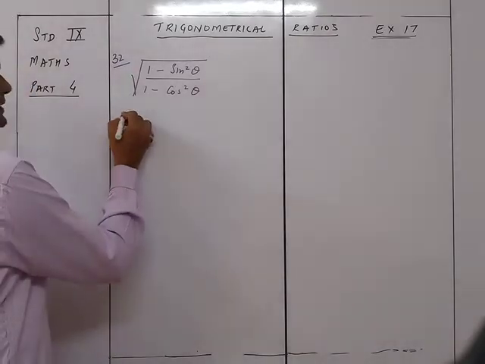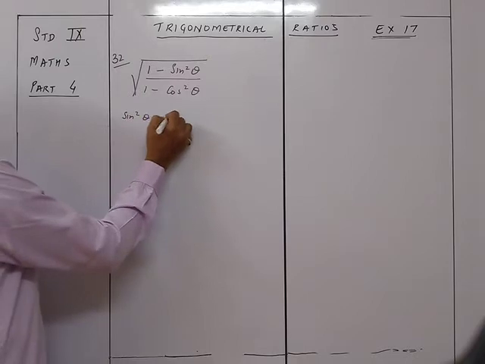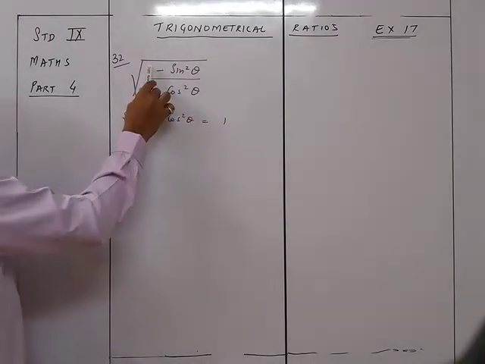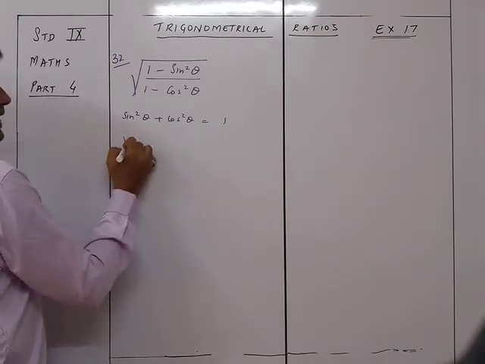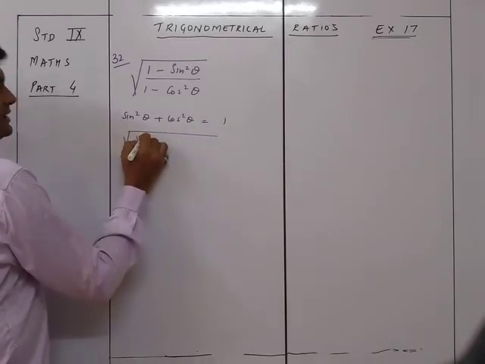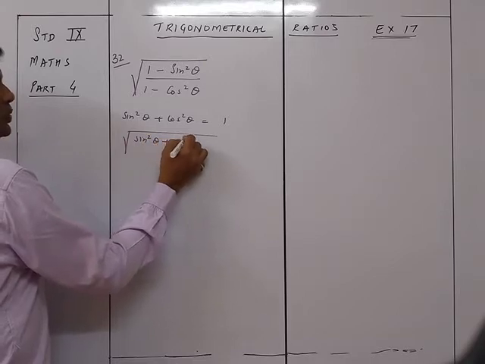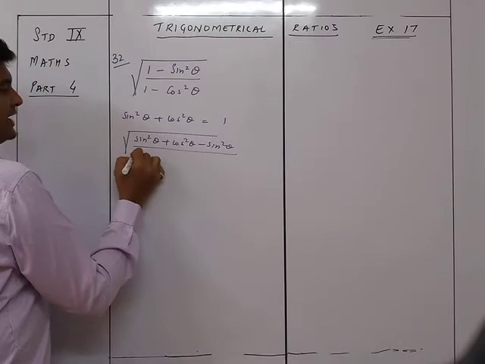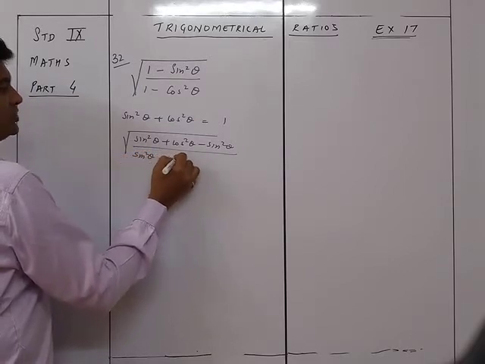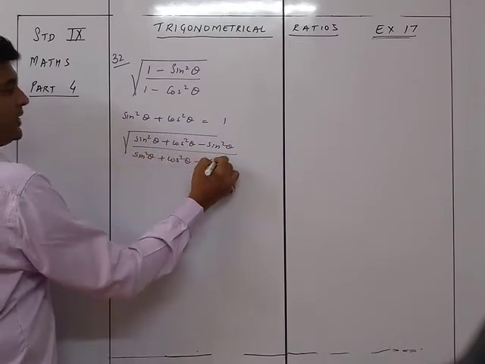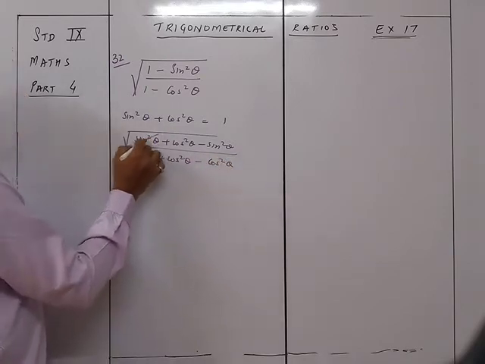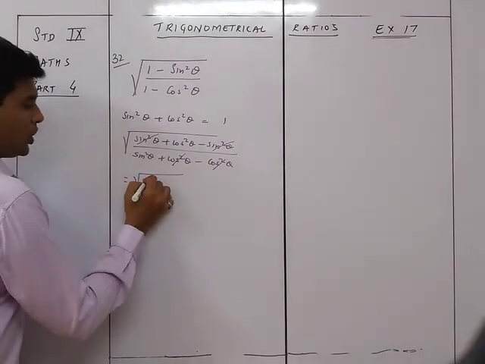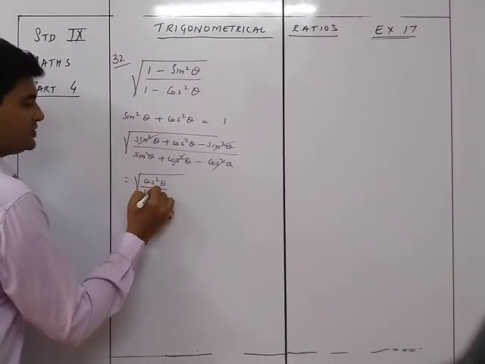We know the formula that sine square theta plus cos square theta is equal to 1. So let's substitute the value of 1 as sine square theta plus cos square theta. So we have over here sine square theta plus cos square theta minus sine square theta upon sine square theta plus cos square theta minus cos square theta. So this cancels and here this cancels. That will give you cos square theta upon sine square theta.